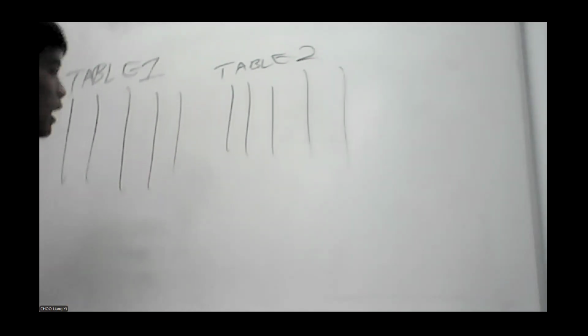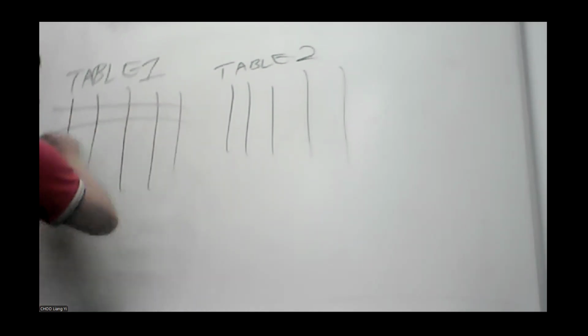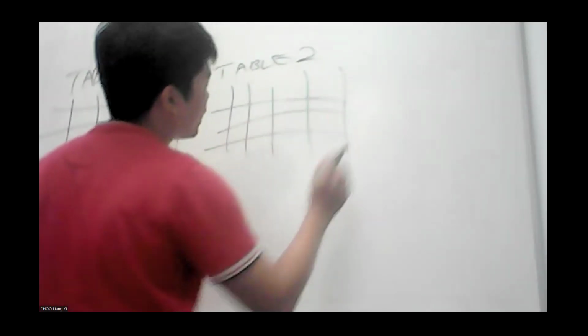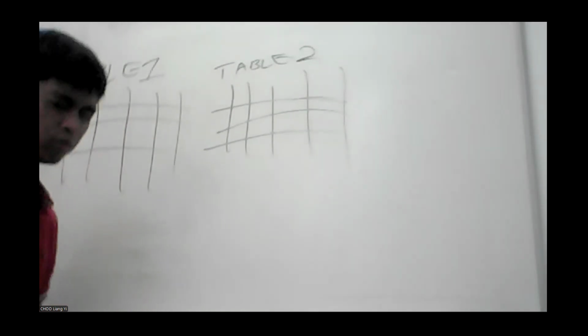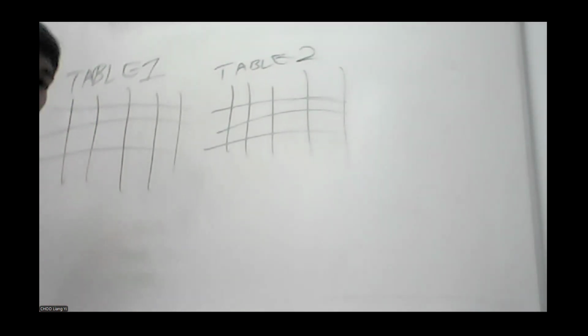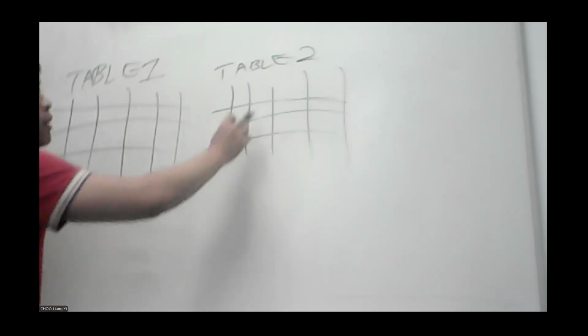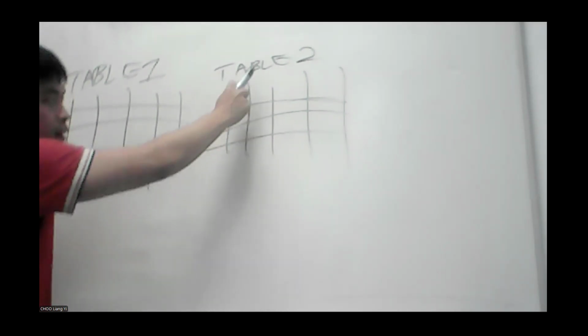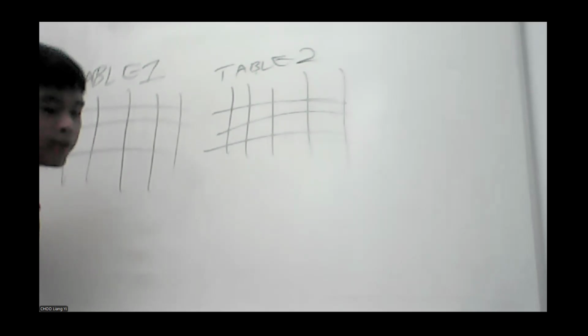In order to combine the data, which is to combine the rows of data between table 1 and table 2, you will need something called a primary key and a foreign key. Foreign key means Japanese, right? Gaijin.